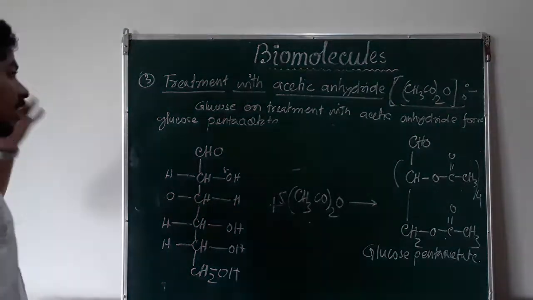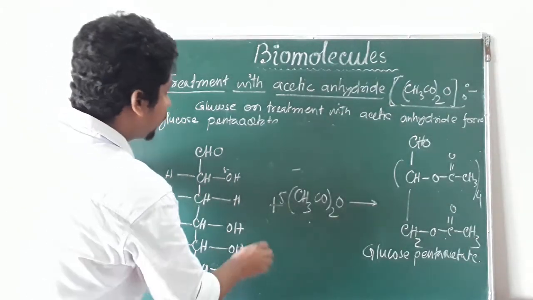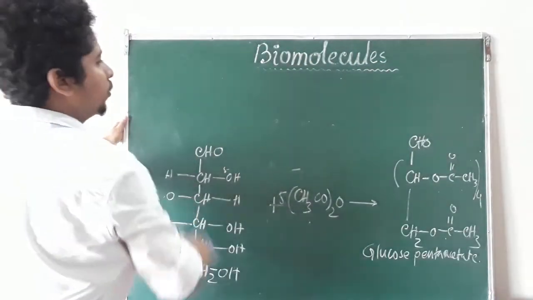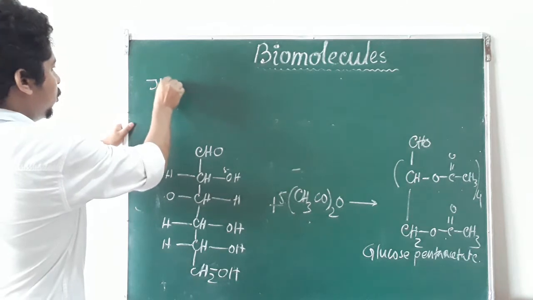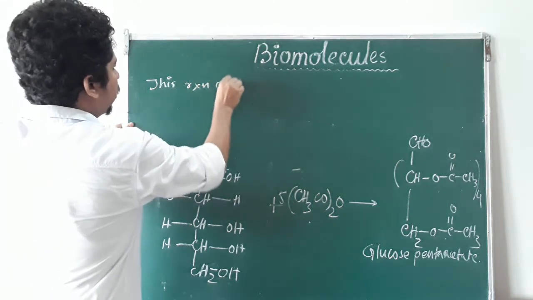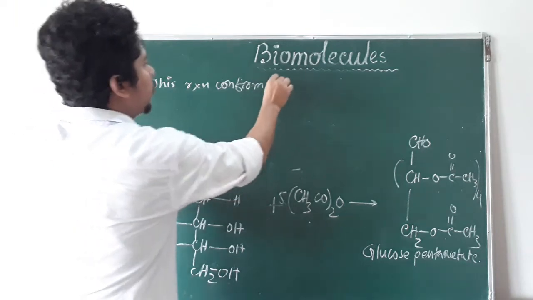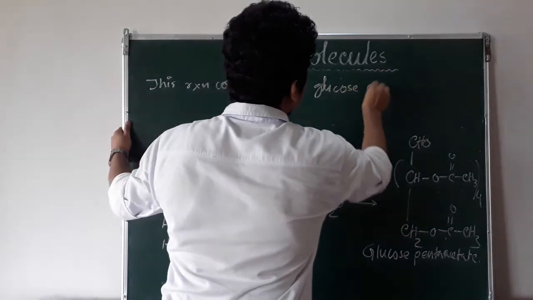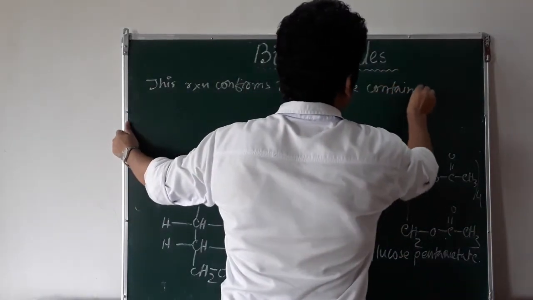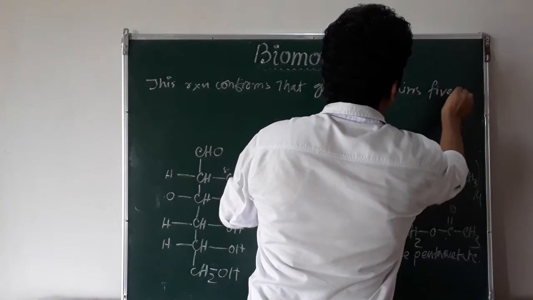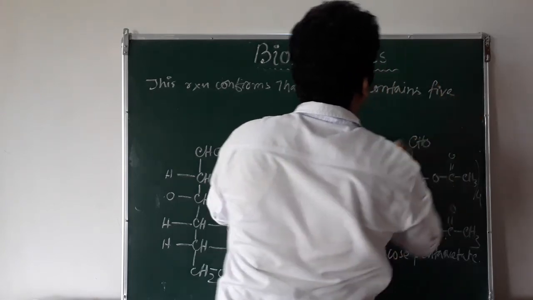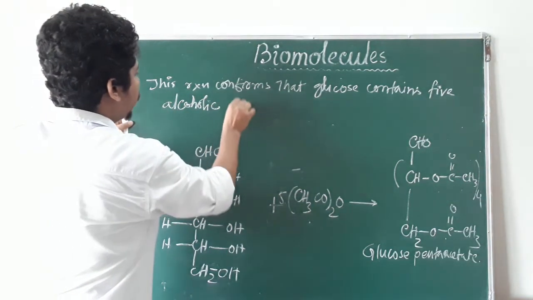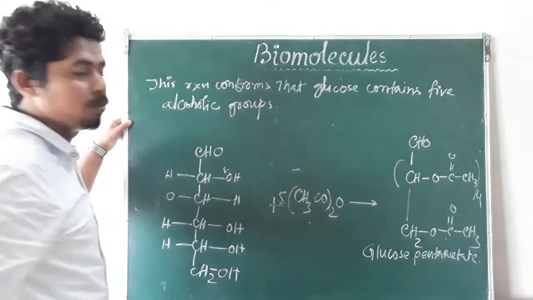So here we can write: this reaction confirms that glucose contains 5 alcoholic groups.